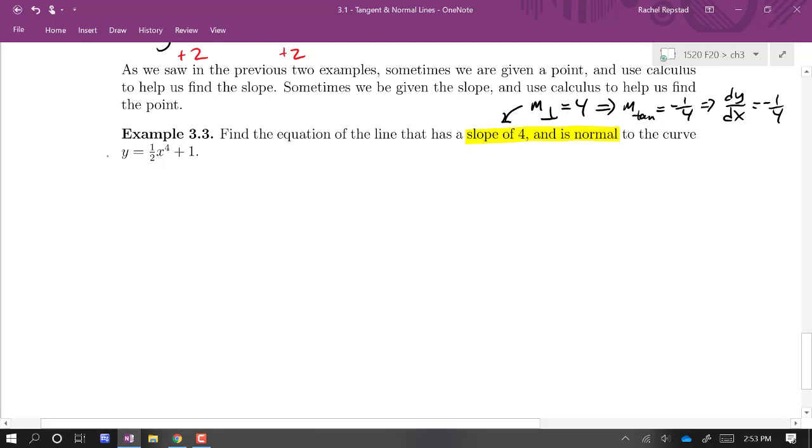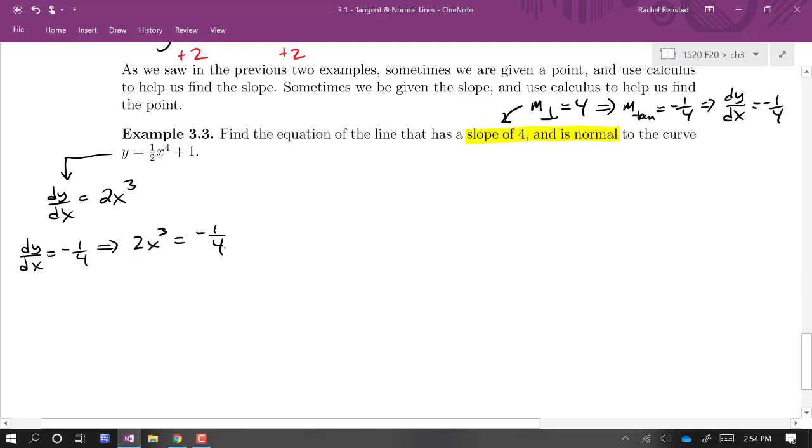So let's find the derivative of this function. All right, so the function they give us is 1/2 x to the 4th plus 1. So dy/dx is 2x cubed. Now they've told us that at the point we're interested in, the derivative is equal to negative 1/4. So that means that 2x cubed is equal to negative 1/4.